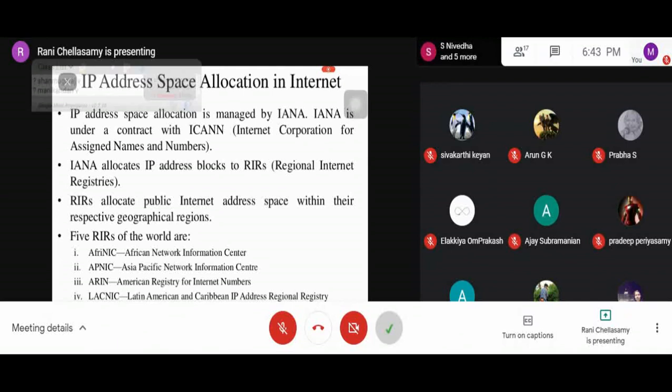There are 5 regions in the world: AfriNIC, the African Network Information Center, APNIC, the Asia Pacific Network Information Center, ARIN, the American Registry for Internet Numbers, LACNIC, the Latin American and Caribbean IP address regional registry, and RIPE NCC.